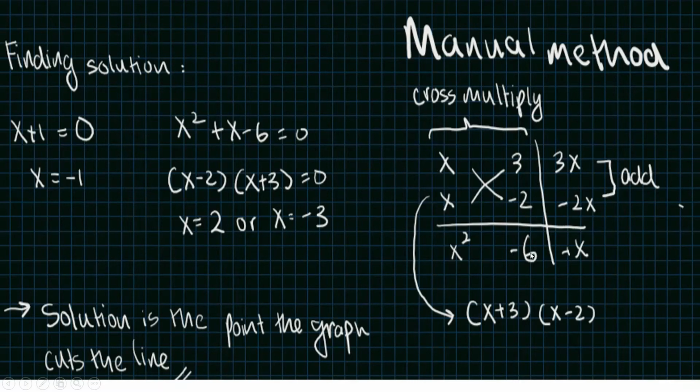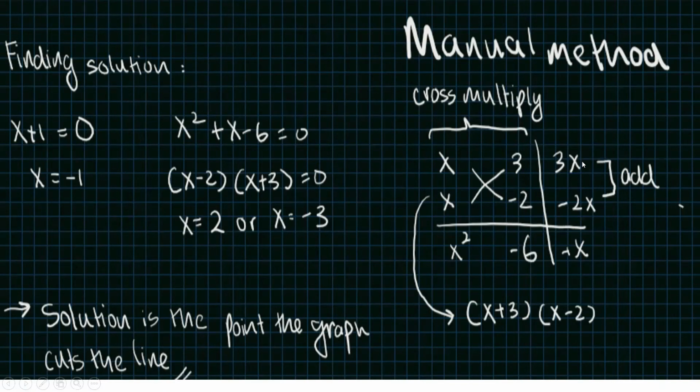And then minus 6 can be split into 3 and minus 2. So 3 times negative 2 gives you minus 6. It can be 6 and minus 1 as well. But in this case, we have to form this term over here. So let's just take it as 3 and minus 2. And then you cross multiply. So x times negative 2 gives you negative 2x. x times 3 gives you 3x.